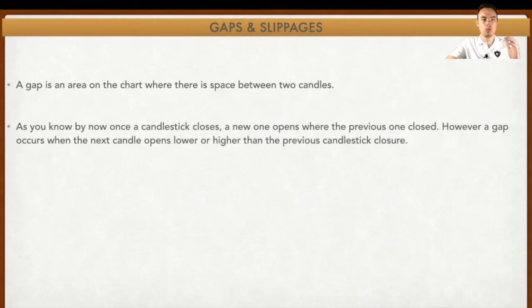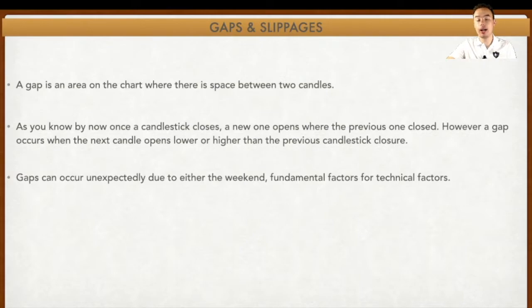Generally once a candle closes, a new one will open there, but not with a gap. A gap is where the opening of the next candle opens either below or above the closing of the previous candle.